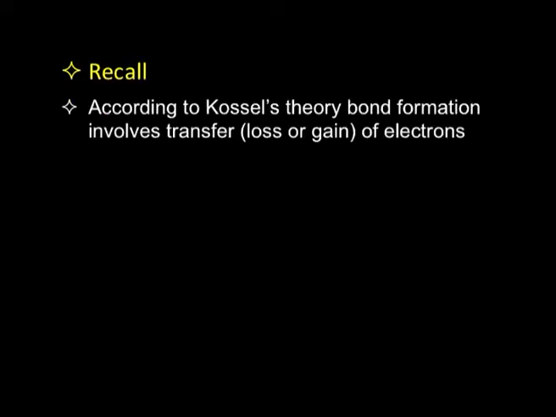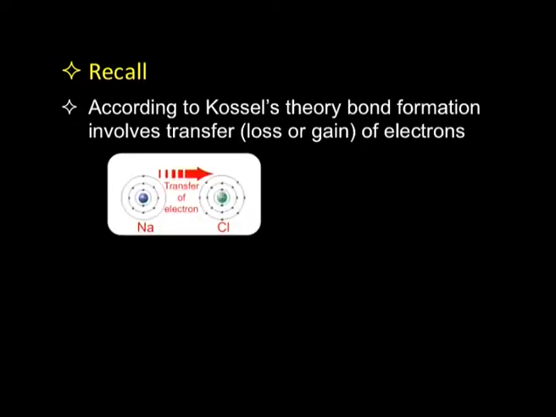Now, you will recall that when we talk about ionic bonding, according to Kossel, bond formation basically involves transfer of electrons, that is, a gain or loss of an electron. Typically we have been taking this example a number of times, the formation of NaCl from sodium and chlorine. In that case, an electron from the sodium atom is transferred to a chlorine atom.